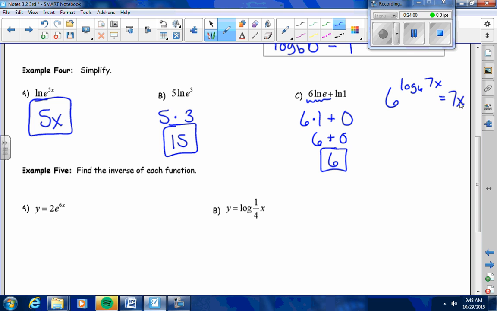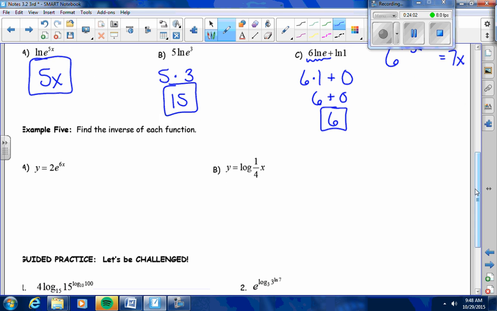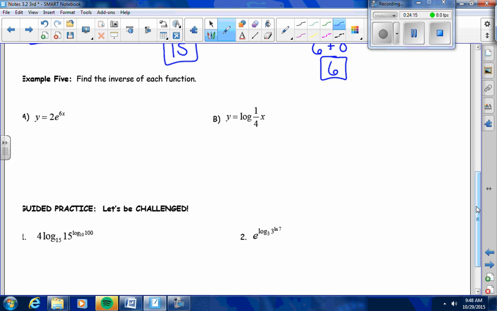All right, questions? Example 5. Find the inverse of each function. Part A, y equals 2 times e to the 6x power. Now let's think back the first time we ever looked at inverses with all of our different kinds of functions.